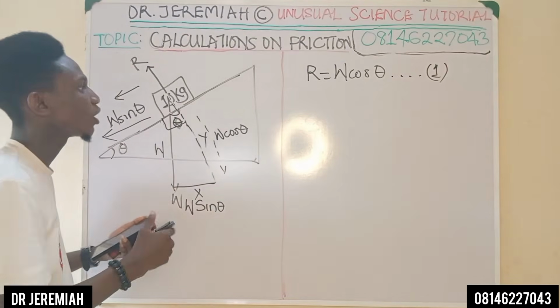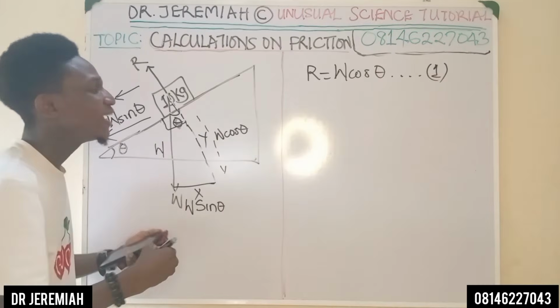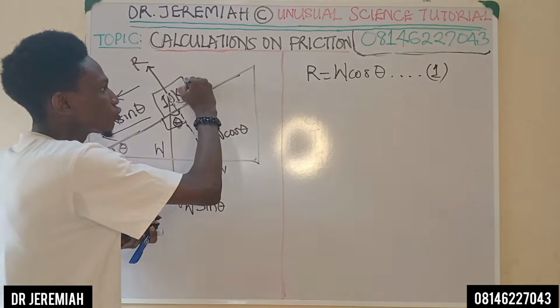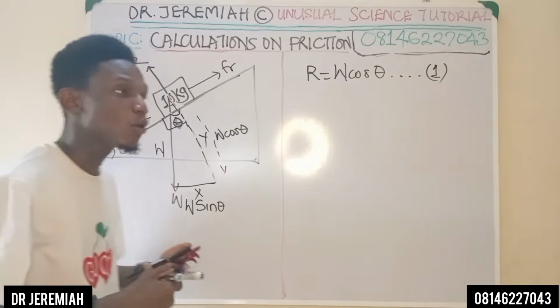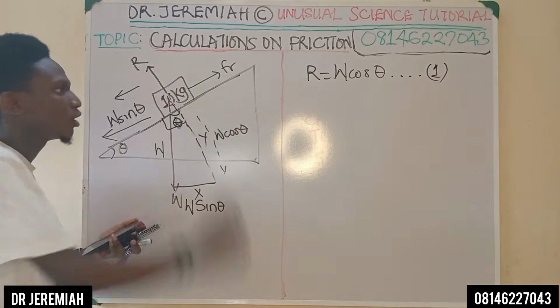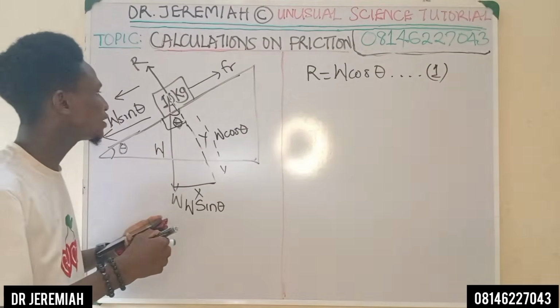Yeah, we'll solve some questions. Now, if the proposed motion is downwards, what does that tell you? It tells you that frictional force is upwards. I said this at the beginning of this video, please go back: friction opposes relative motion. So frictional force is upward. What does that tell you?